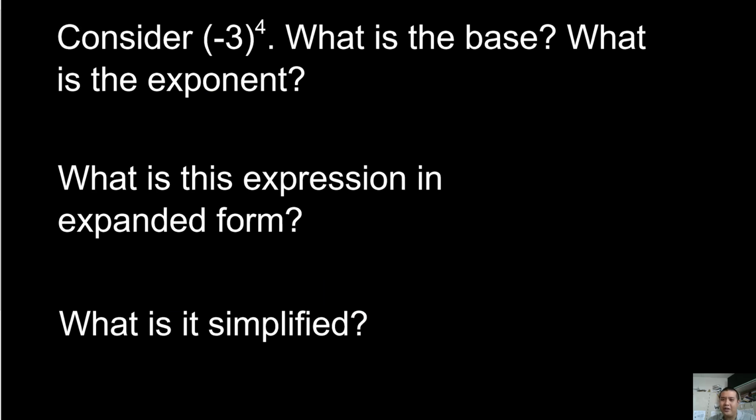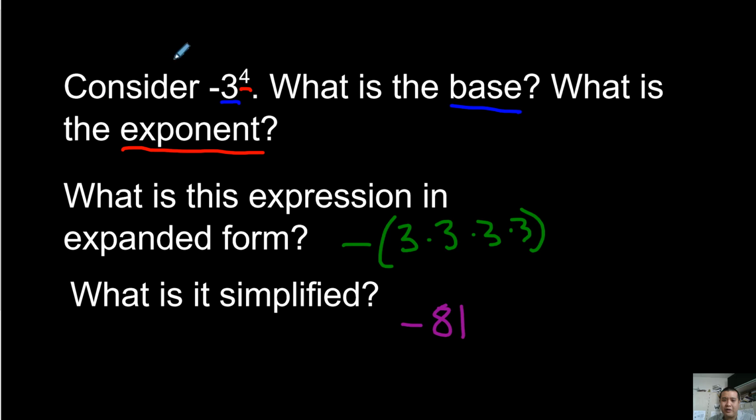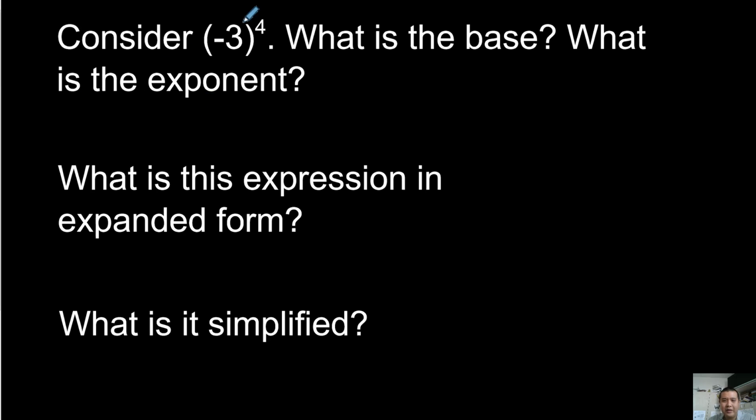This one looks very similar. The only difference is that the negative 3 is in parentheses, and in the last one it is not. Here, this exponent, the 4, applies to the thing that's right next to it, which is this parentheses, which means that it applies to everything inside that parentheses.